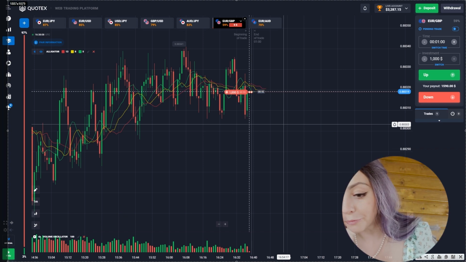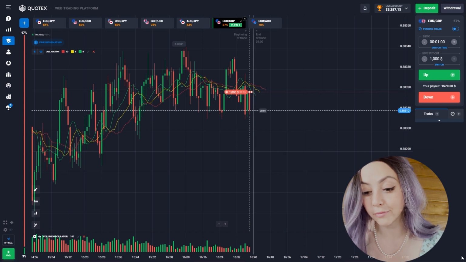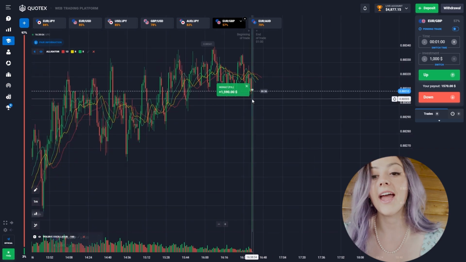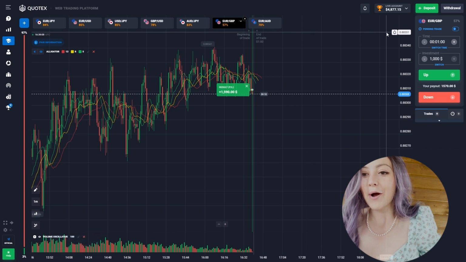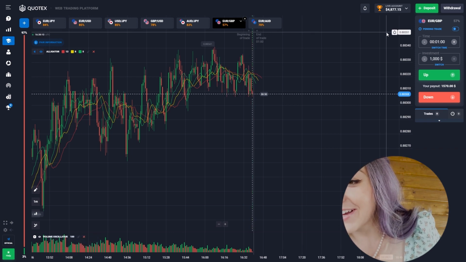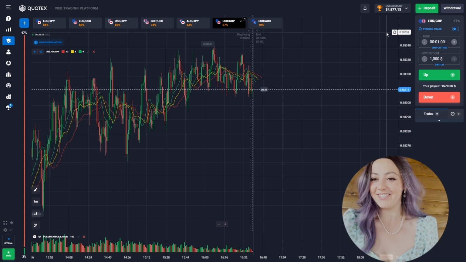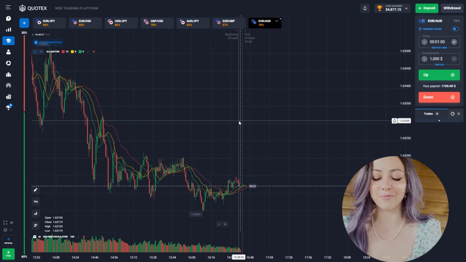Oscillator, what about the bars? We can see the red bars, which confirms our decision to enter down, and it closed at profit as well. Wow, our live account is almost $5,000. Yes. And next currency pair, what will it bring to us?